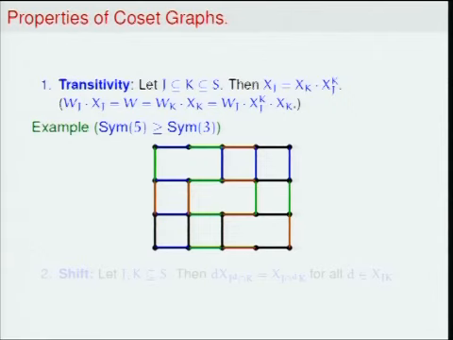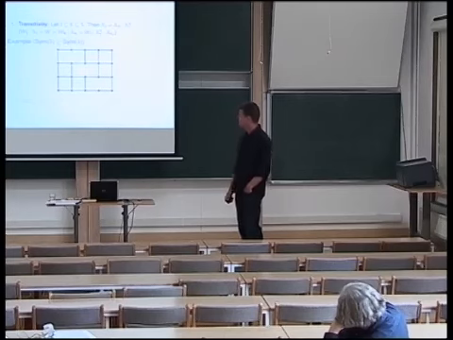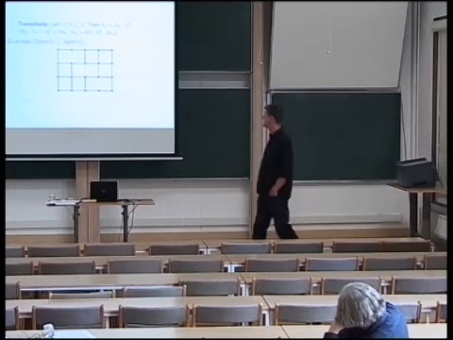One ingredient is the coset graph of the symmetric group on 3 points inside the symmetric group on 4 points, and up here the symmetric group on 4 points inside the symmetric group on 5 points, and then you take the rectangles spanned by them and complete it according to the presentation of the group to a full rectangle.